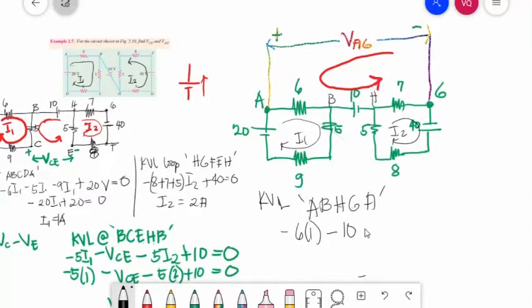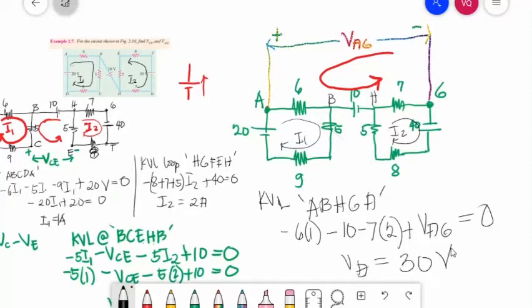Negative 7 times the current flowing in 7, which is I2, equal to 2 amperes. Then this direction of current entered the negative sign of VAG, so that is plus VAG equal to 0. So VAG now will be equal to 30 volts.